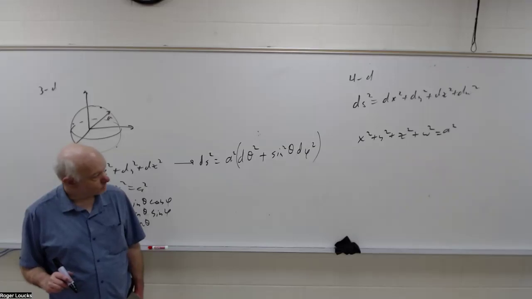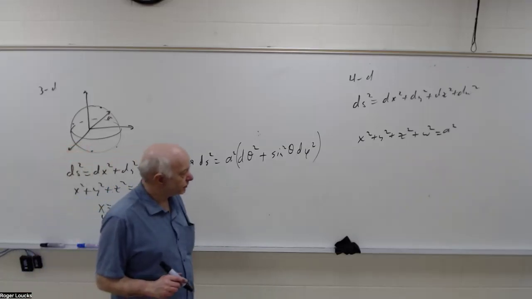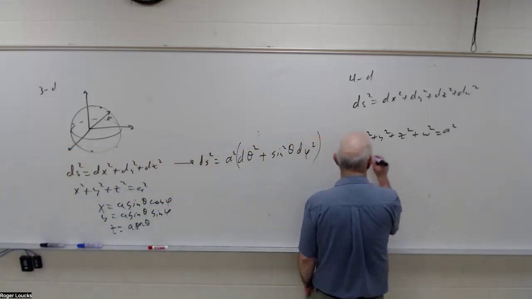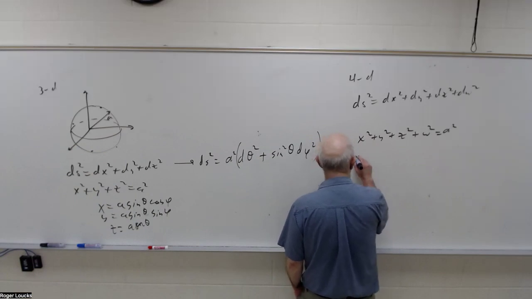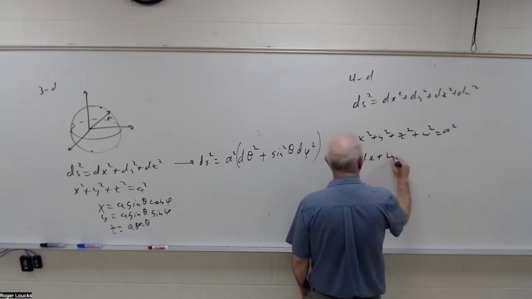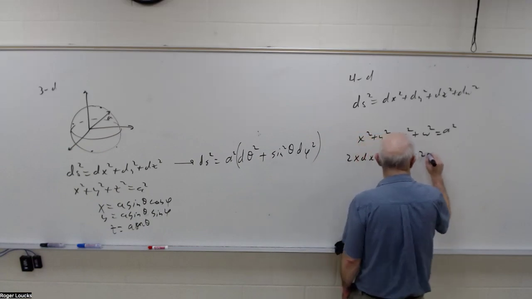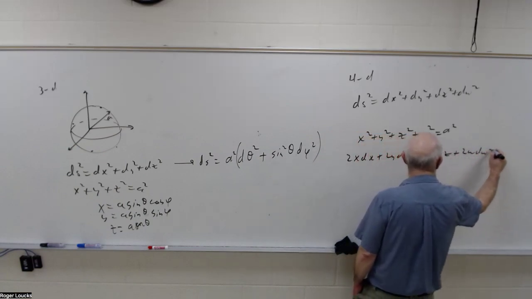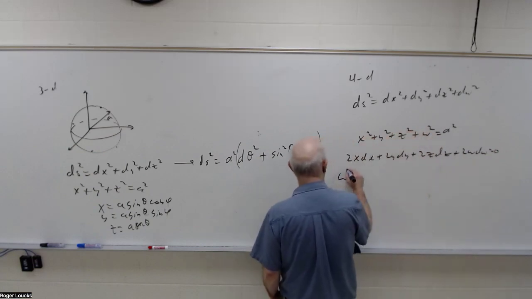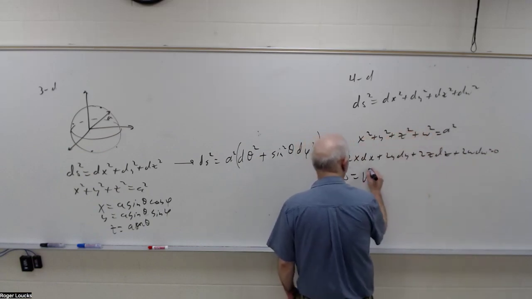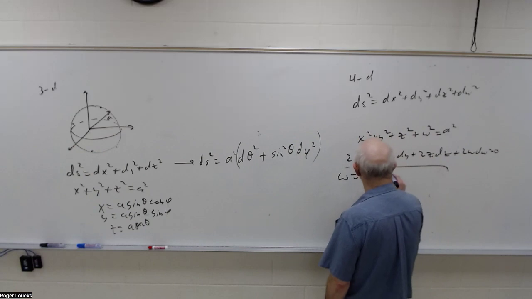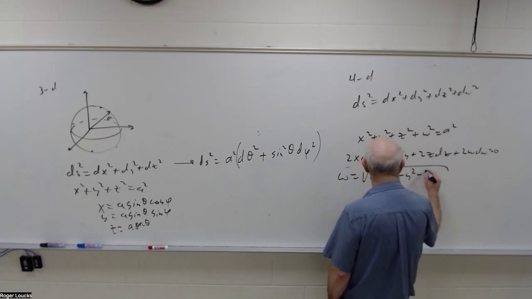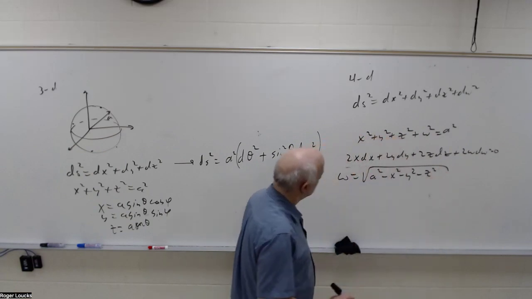Okay. And then what do we have here? Well, I could then do, say, 2x dx plus 2y dy plus 2z dz plus 2w dw equals 0. I can also say that this w is the square root of a squared minus x squared minus y squared minus z squared, like that.